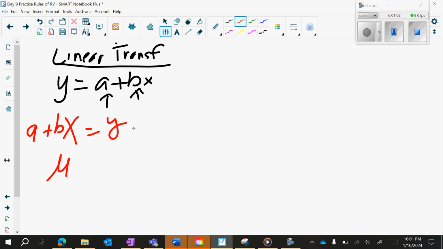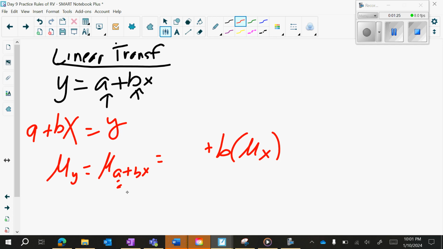Let's call it y. Well, the mean of the random variable y will do exactly the same thing that you predict is going to happen. You're going to multiply the mean by the b value, the constant that's being multiplied, and you're going to add the constant a.